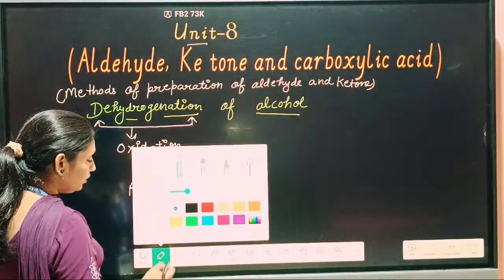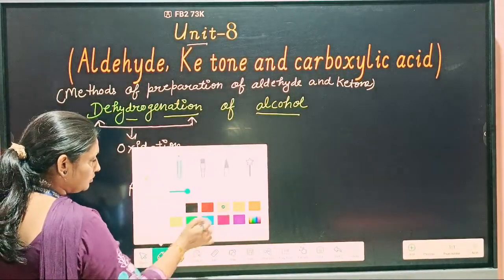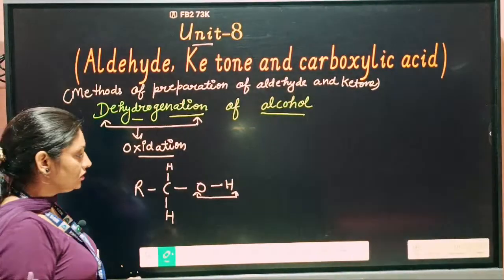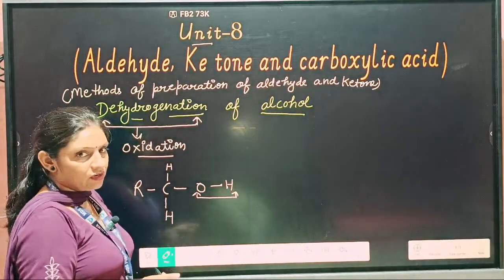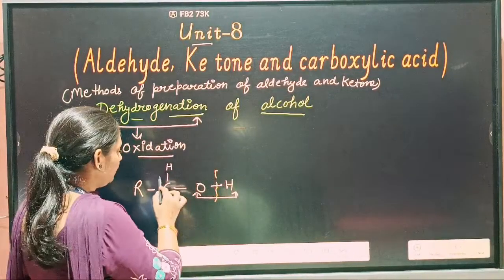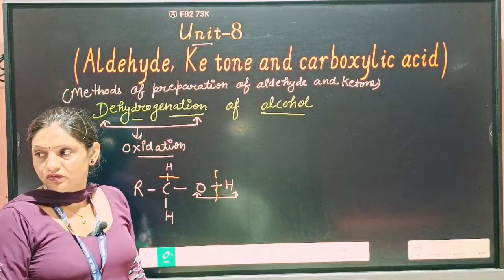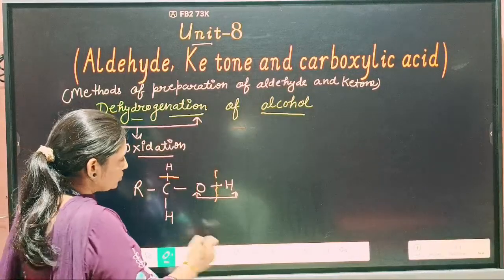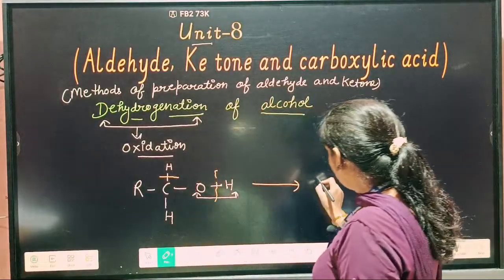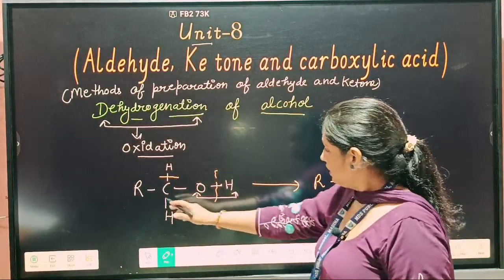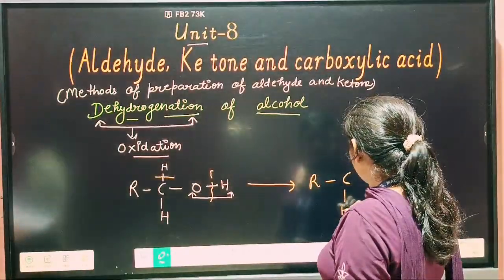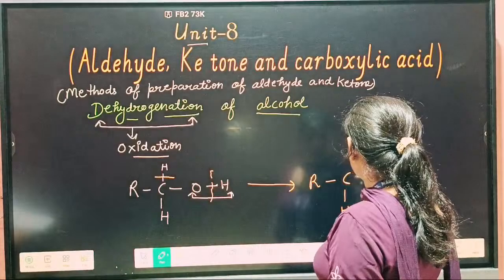Students, here we want to do oxidation, which means we want to remove hydrogen. So from where can we remove it? We will remove one hydrogen from here and one hydrogen from here. So finally, after removal of the hydrogen, one bond is with this hydrogen, then one bond with this oxygen.